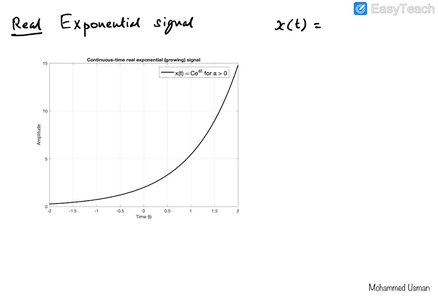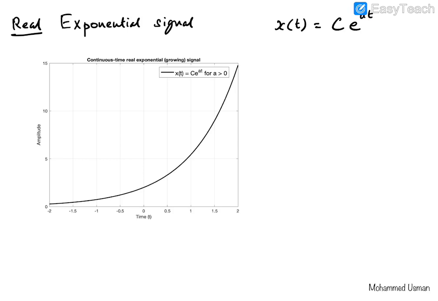That's the notation, and the general representation of a continuous real exponential signal is c e power at.